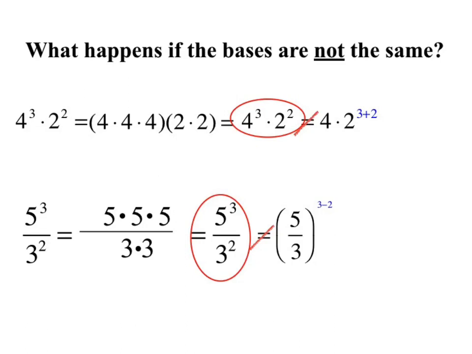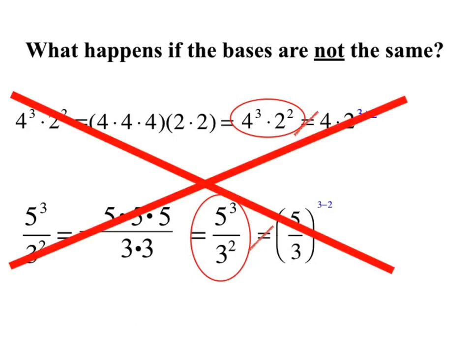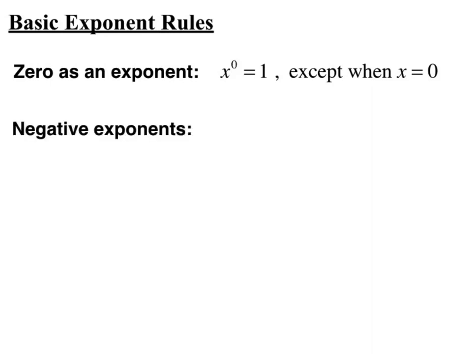All right, so let's put all of these rules together. Here are the basic rules that you already know. If 0 is an exponent and the base is not 0, that simplifies to 1. Now, we're going to talk in a minute about what happens if the base is 0.